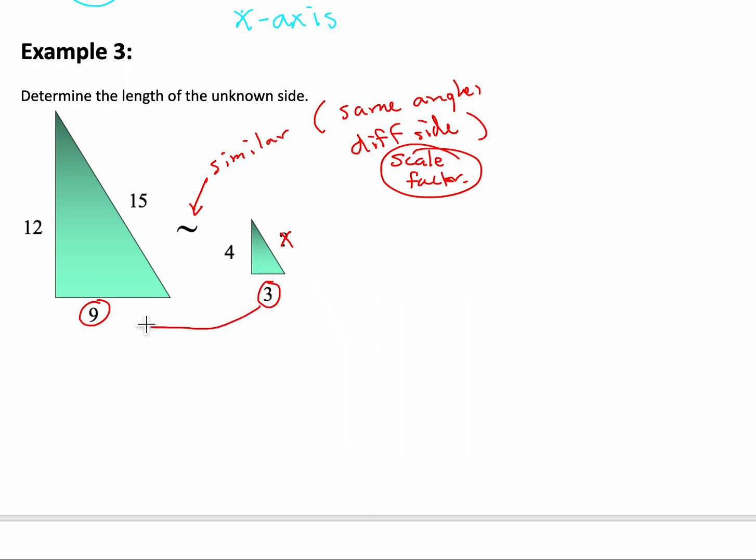So here we have 3 to 9. Oh, well, that's times 3, I know for sure. And if I look at this 4, the 4 corresponds with the 12 side, because they're both going up and they're the longer leg side. So 4 times 3 is 12.